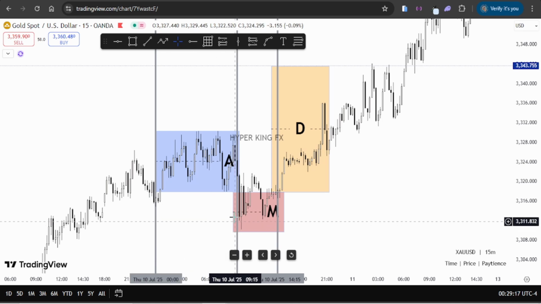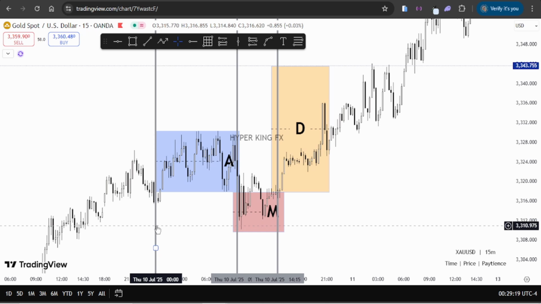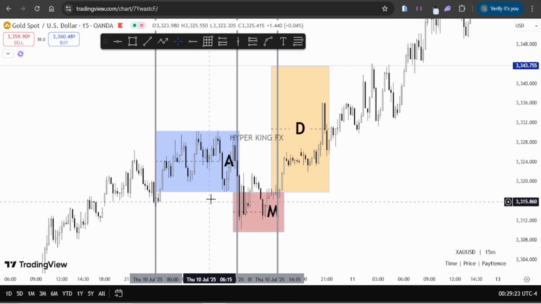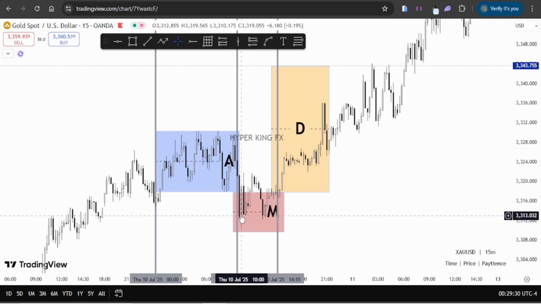So basically during the Asian time and the London trading session there was an accumulation phase, and notice how the market swept liquidity during the New York open by 9:30 a.m.